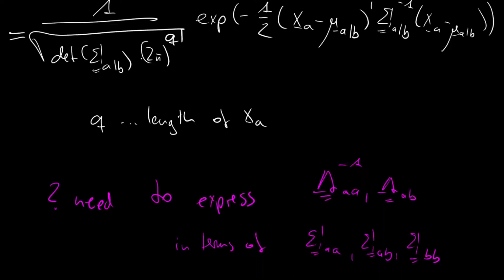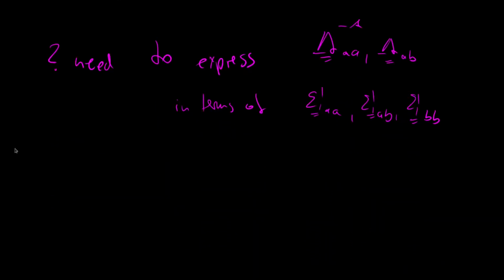The solution to this is by using something that is called the Schur complement. The Schur complement is a general result in linear algebra which allows us to define the inverse of a block-structured matrix.